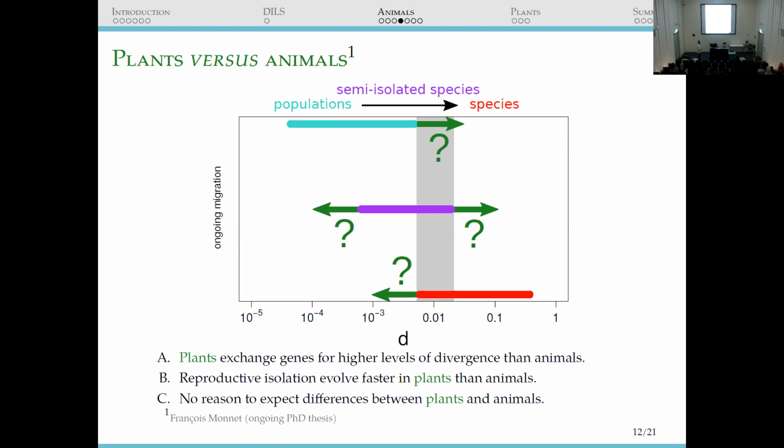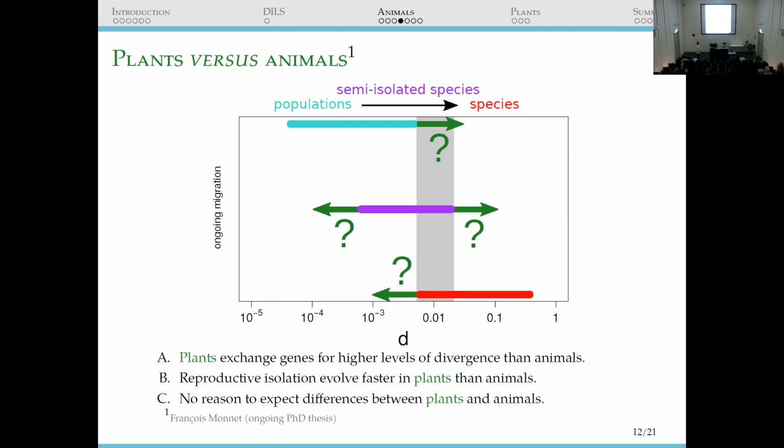I have my a priori, and my a priori was wrong. I was for the answer C, because for me, we had this kind of universal threshold of divergence, mainly driven by recombination. If you're not able to recombine, well, you're not able to introgress. But we were wrong.